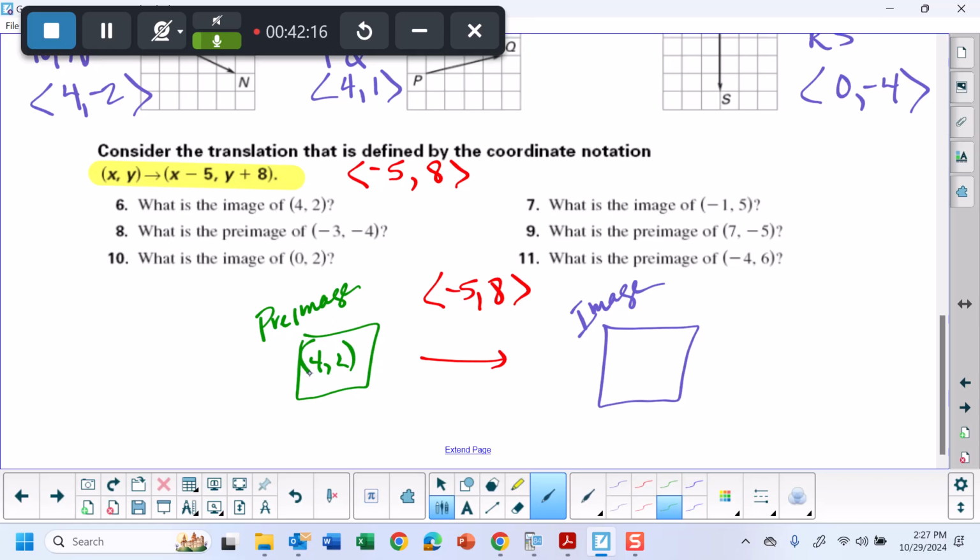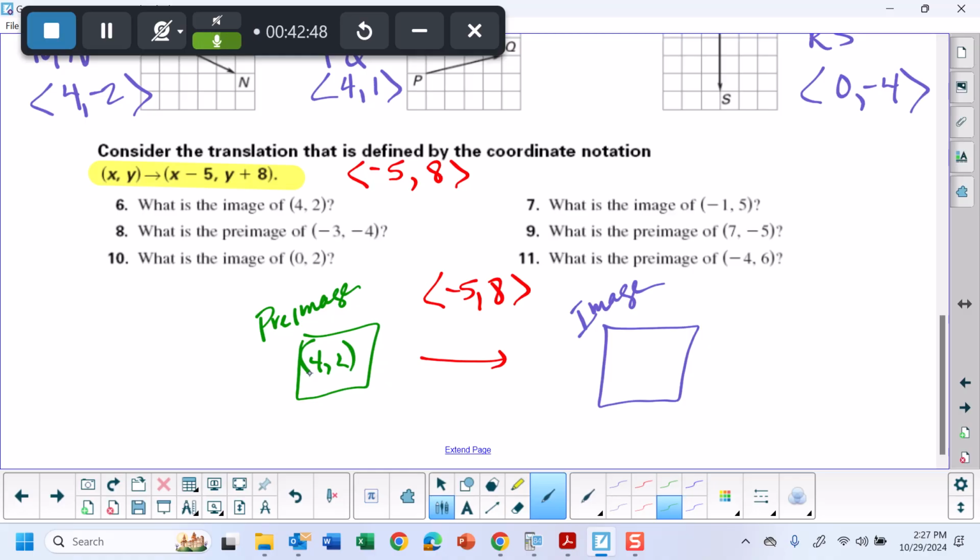Are you with me on that? So if I have a point that's over 4, 1, 2, 3, 4, up 2, what does my vector do to my x coordinates? Move it where? -5. What is my y going to do to it?